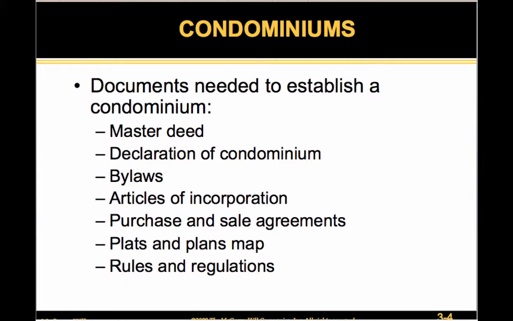The condominium declaration sets forth the specific rights and obligations of each individual condominium unit owner and controls the governance of the condominium. I'll talk some more about some of these instruments, but you can also find definitions for each of these instruments in your books.